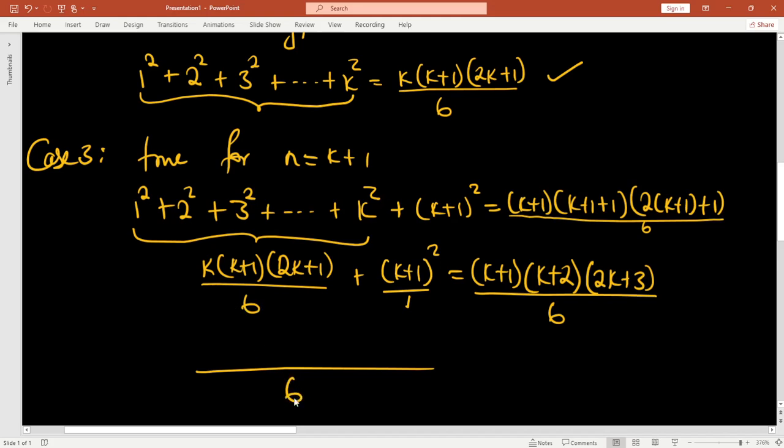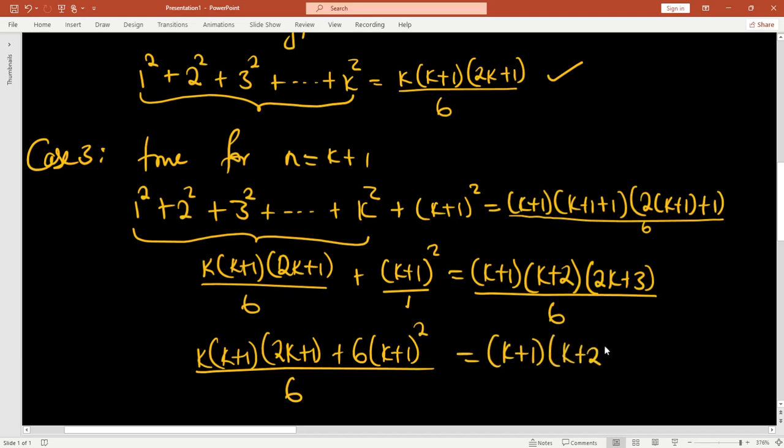So 6 into 6 is 1, then we have k plus 1, and on this side we have 2k plus 1, and there plus 6 open brackets k plus 1 squared, equal to k plus 1, k plus 2, 2k plus 3, divided by 6.